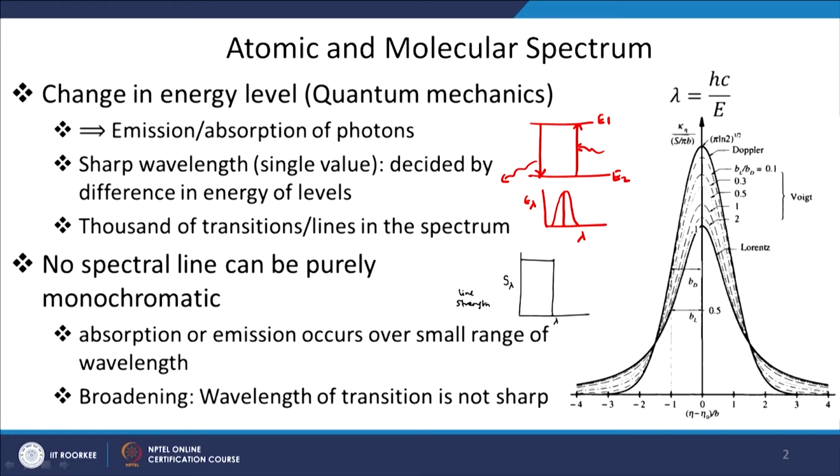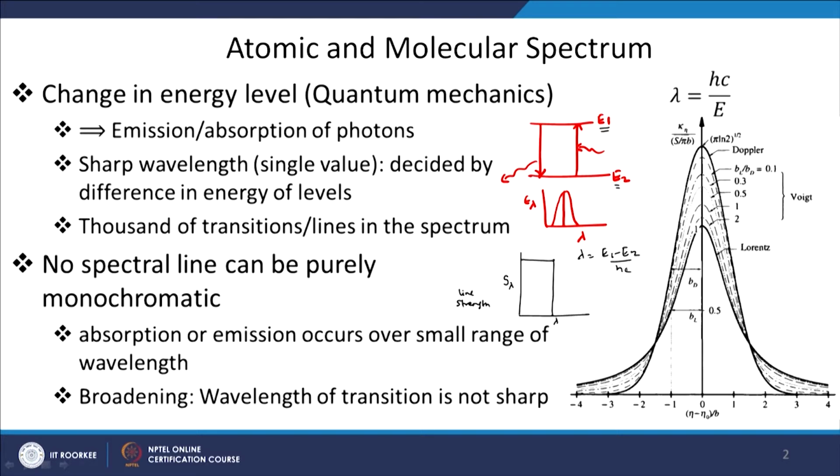Now, what we see is that this cannot be sharp. We will see the reasons. It cannot be monochromatic, although E1 is a fixed value, E2 is a fixed value, and lambda is given by hc divided by E1 minus E2. As per this relation, lambda should have a unique value.